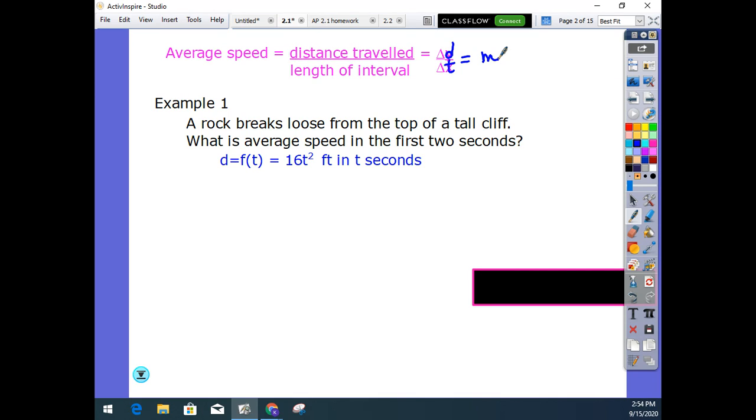What is the average speed in the first 2 seconds? First of all, this is going to be our distance formula. In the first 2 seconds, we're going to calculate from 0 seconds to 2 seconds. This is our time interval.